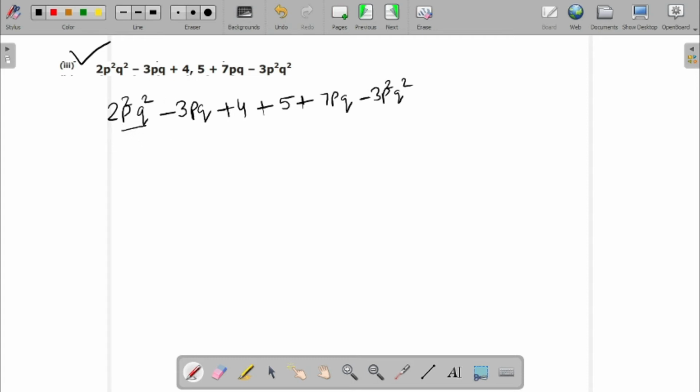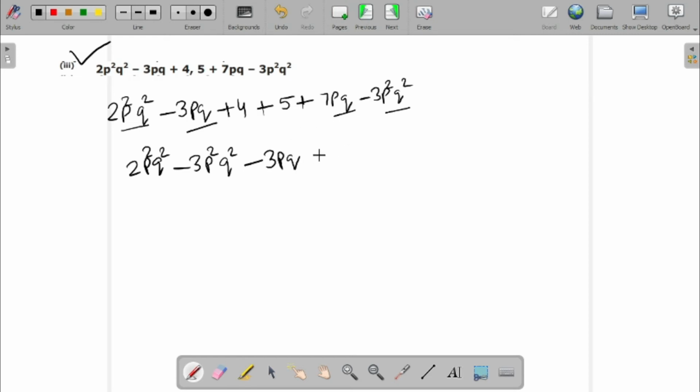Now you can see p square q square. Here also p square q square. So we write it here 2p square q square minus 3p square q square. Then after you can see pq minus 3pq.